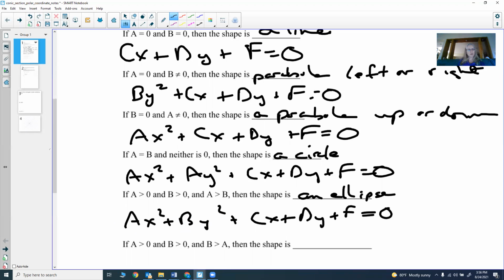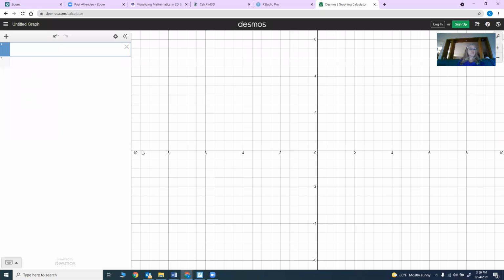If you're not positive what it looks like, you can go over to Desmos and plot it. So let's try plotting 5x squared plus maybe 2y squared. In this case, again, a and b are both positive. Plus, I don't know, let's do just 5. We don't need to do a real big thing here. We don't need the x and y term equals 0.